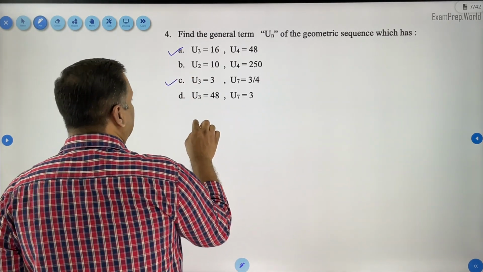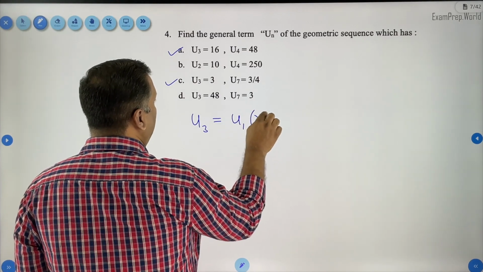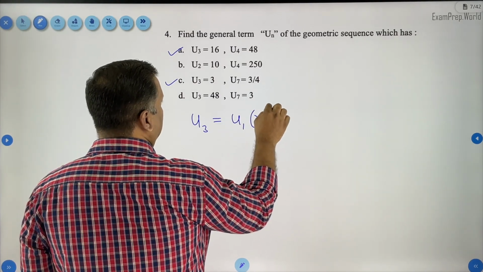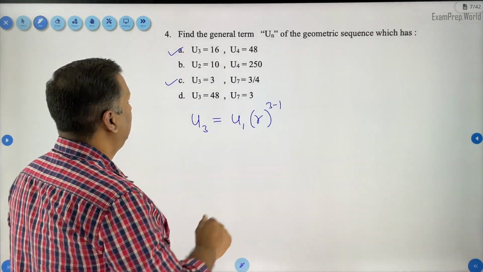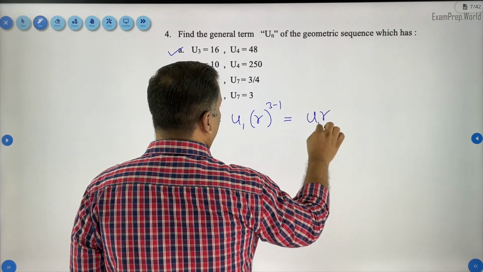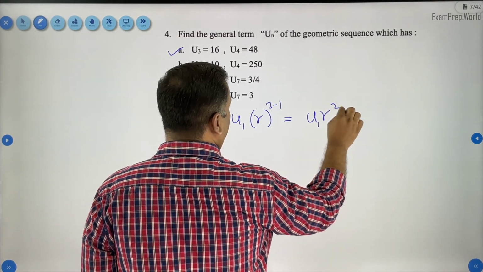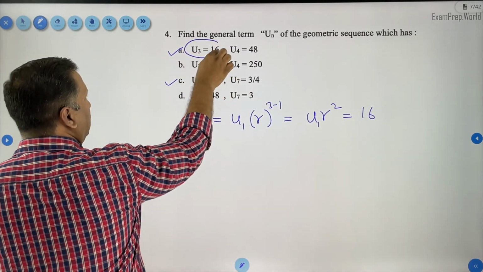U3 is U1 times R to power 3 minus 1. Do you agree with this? So it becomes U1 R square, and they have given us 16. Look, U3 is 16.